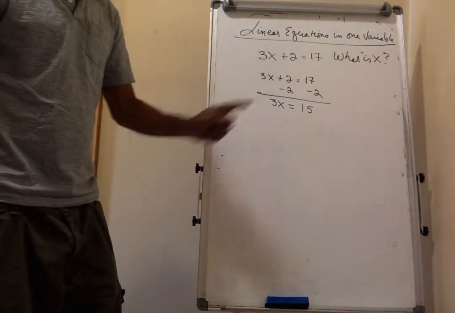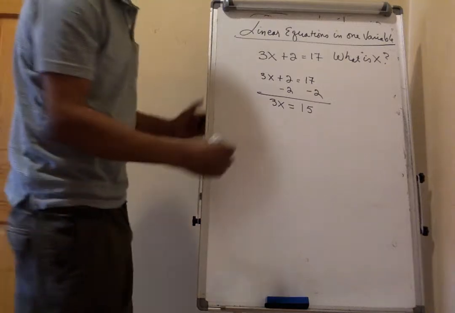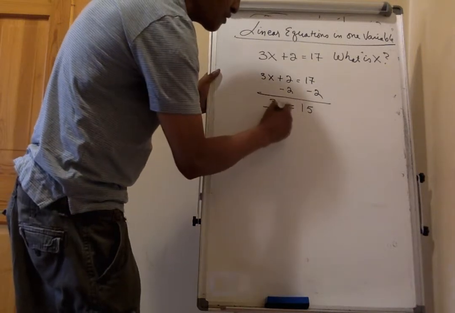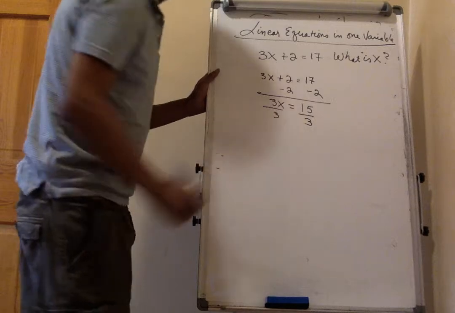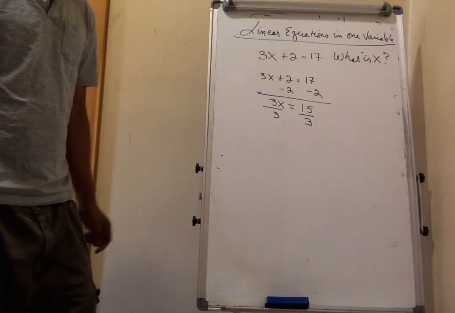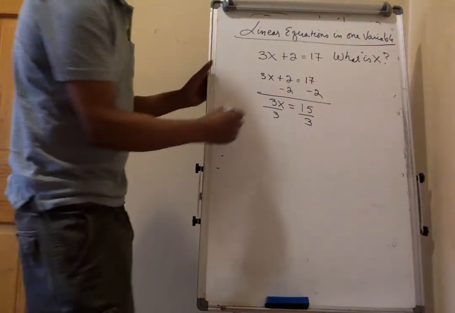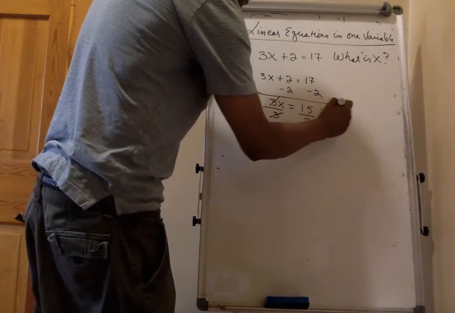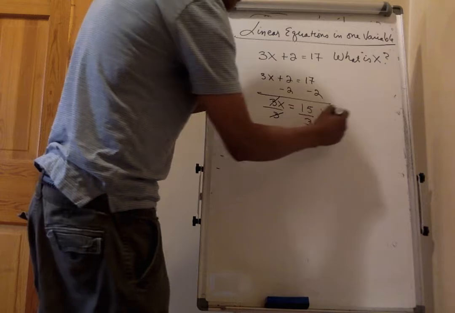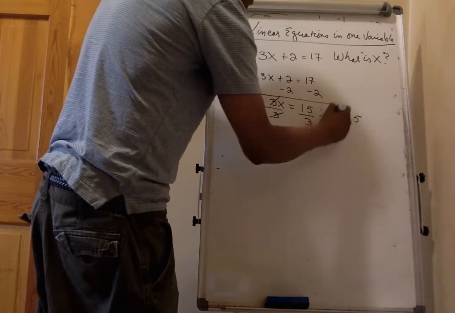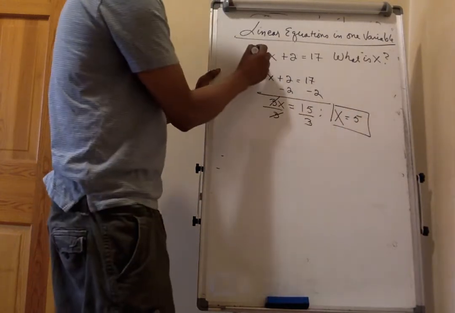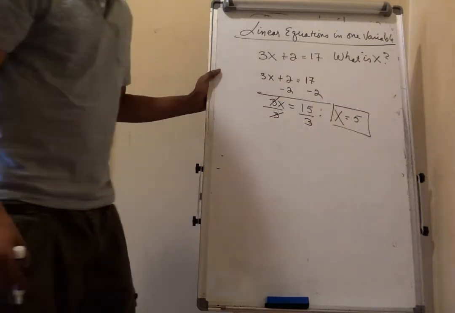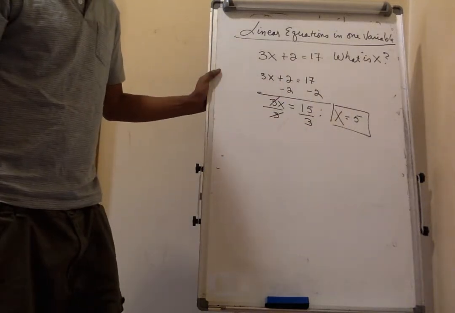This is multiplication. The only way you can get rid of 3 is to divide by 3, and if you divide one side by 3, you also have to divide the other side by 3. The 3 and the 3 cancel out. So you have 15 over 3 is equal to 5. So in order for this equation to equal 17, x has to be 5.